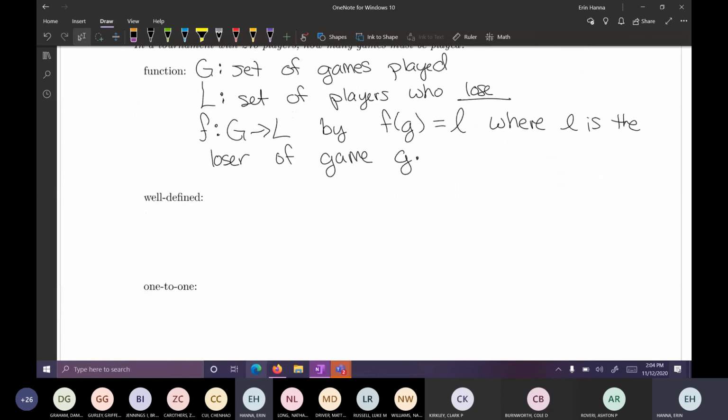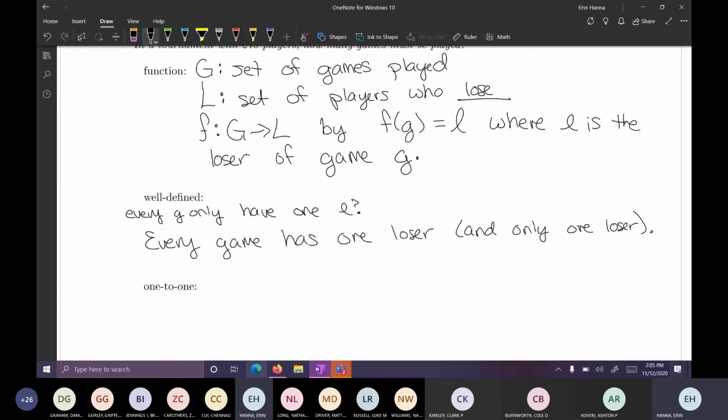So there's a couple things we need to make sure happen. We need to make sure that this is actually a well-defined function. Is it actually a function? So essentially, does every G only have one L? Every game has one loser, and only one loser. No, there's not two losers for one game, and there's no game without a loser. So it's well defined.